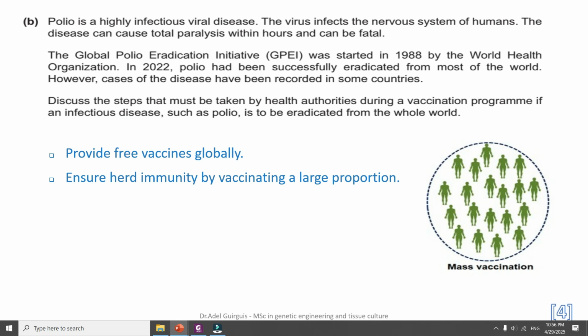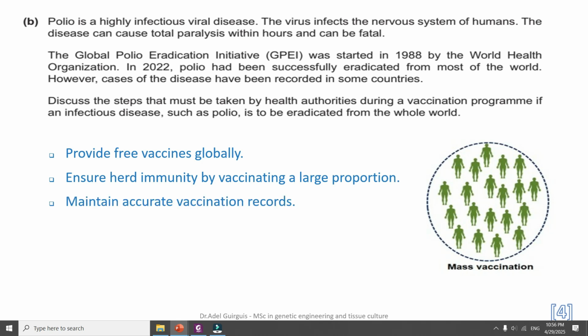Most of the population must be vaccinated except very elderly people, patients with cancers, all types of cancers must avoid this vaccination, and newborns. All of them must avoid vaccination, but most of the population must be vaccinated. Ensure herd immunity by vaccinating a large proportion of the population.